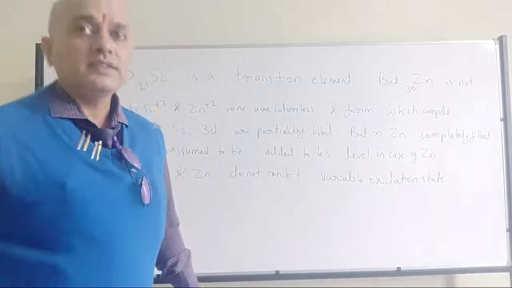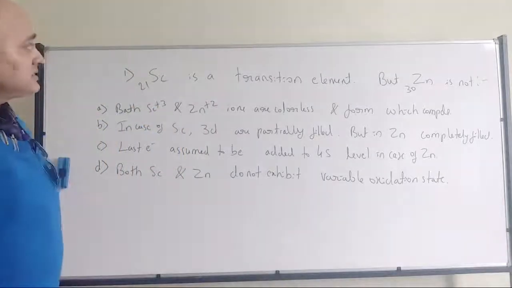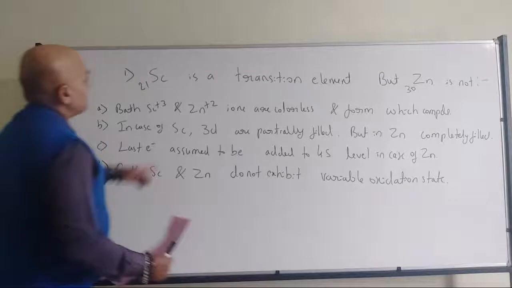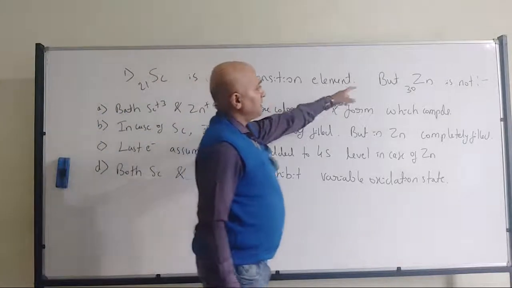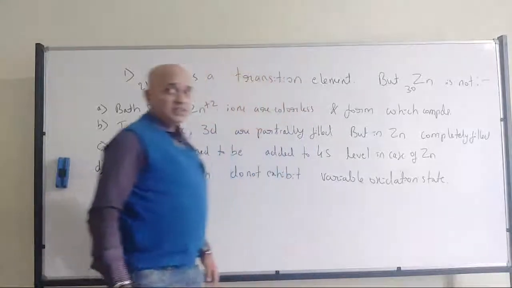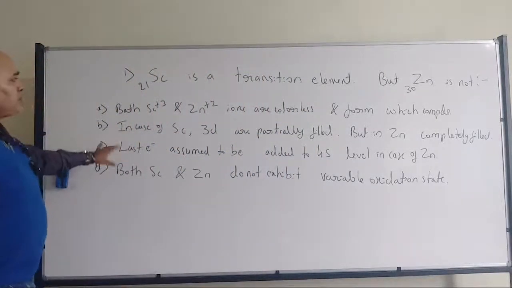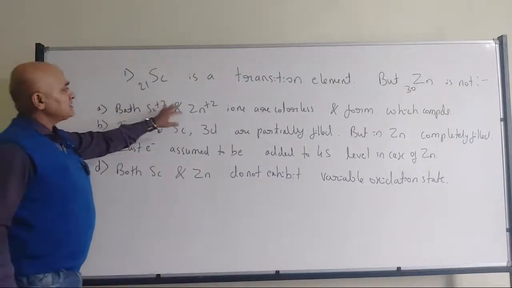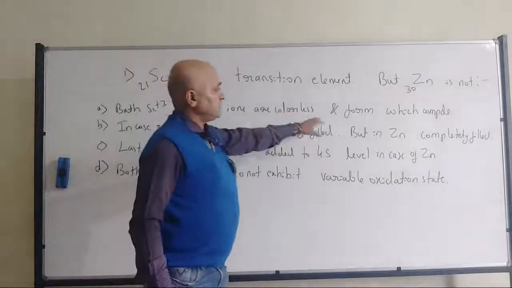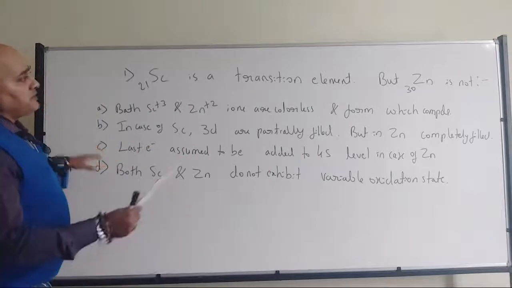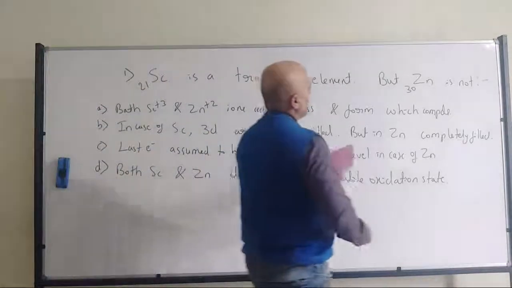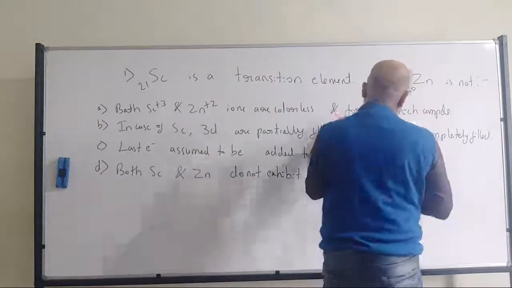All of you are here, right? All of you are writing the questions. So scandium, they have given the atomic number, is a transition element, but zinc is not. These are the options. Both scandium +3 and zinc +2 ions are colorless and form white colored compounds.